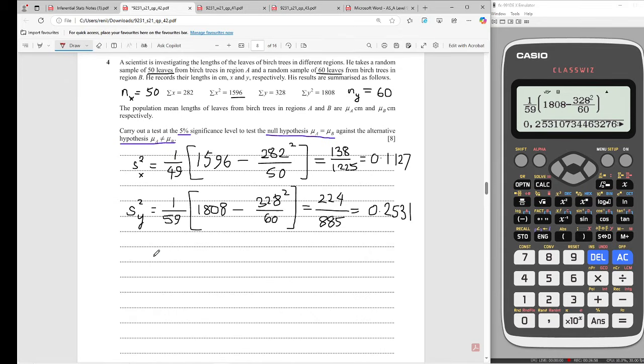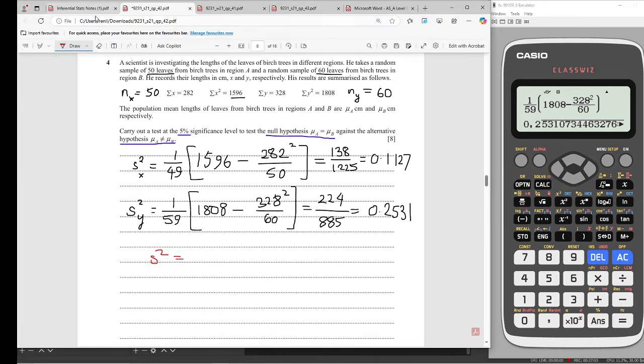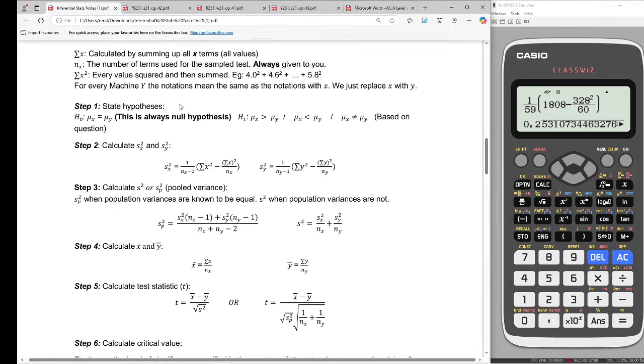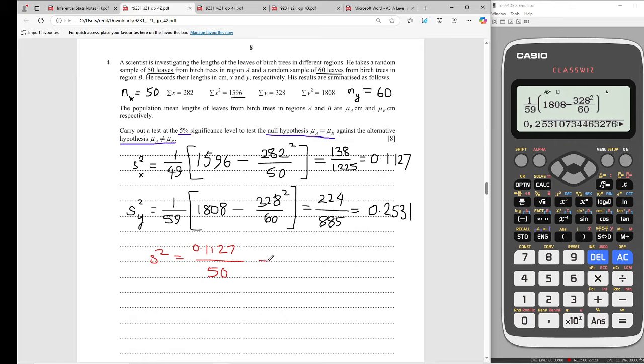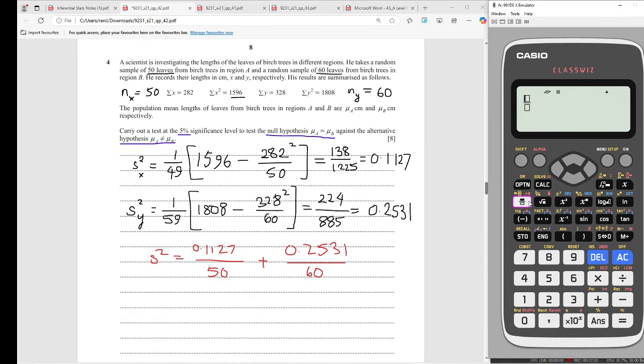S2 is equal to S2x divided by the number of terms of x plus S2y divided by the number of terms of y. So I'm going to write S2 of x as the decimal value, 1.127 divided by the number of terms of x, which is 50. We add that with 0.2531 divided by the number of terms of y, which is 60, and we'll perform the calculation right now.